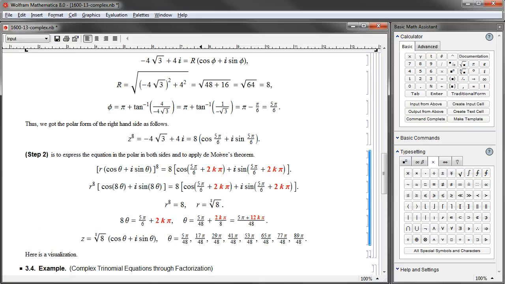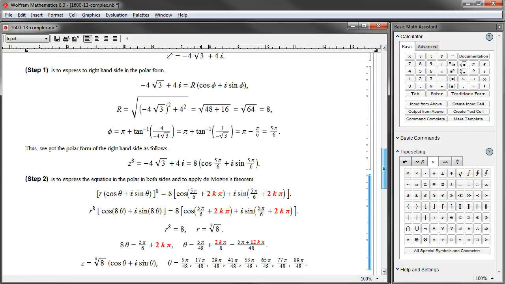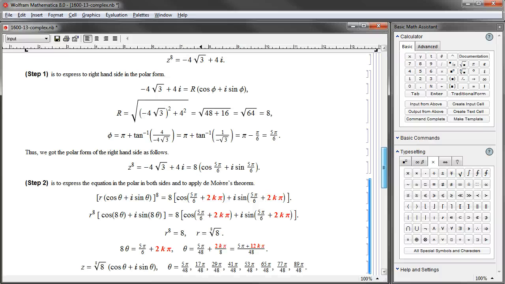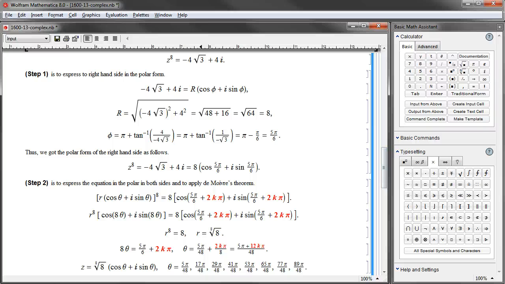Let's see. Here is the full solution in the same viewing window, the single viewing window. Barely made it.